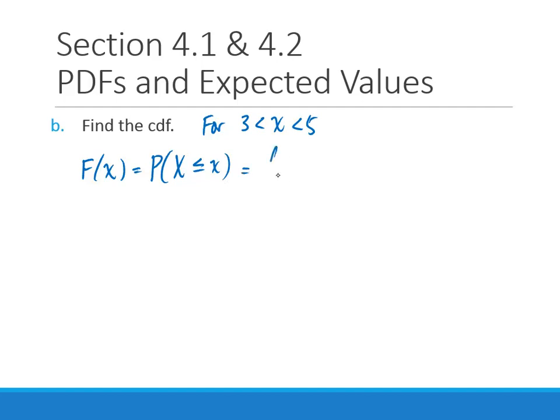By definition, that's the integral from negative infinity up to x of my density function. Because my density function only has positive probability for x bigger than 3, I can rewrite this as the integral from 3 up to x of 0.075 plus 0.2.